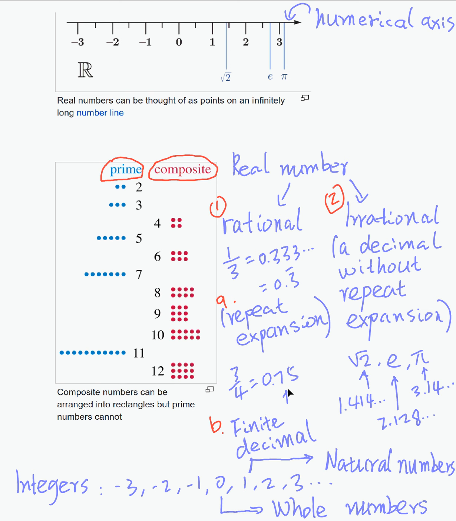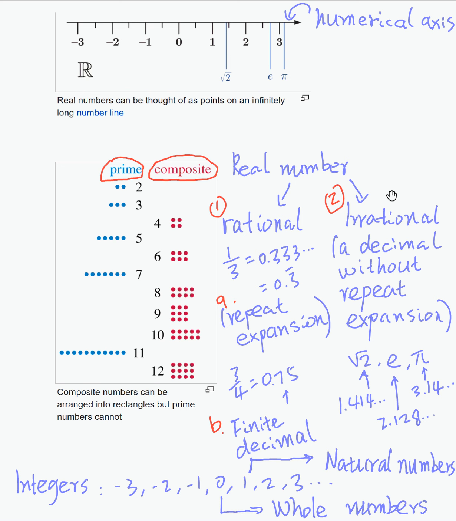So here, 0.75 is a finite decimal. Both the finite decimal number and the decimal number with repeating expansion are called rational numbers. So a rational number is actually a fractional number, one with repeating expansion, one finite decimal.